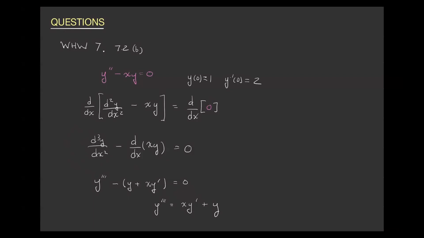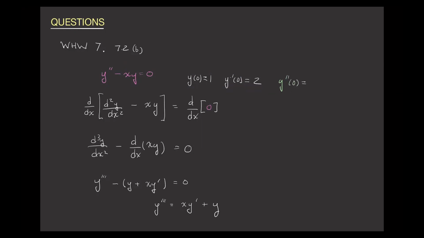Now, the idea is we know what y of 0 is. We know what y prime of 0 is. Part A asks you to substitute in to find y double prime of 0. So we're essentially trying to find more initial value information. So we want y double prime of 0 will end up being whatever.